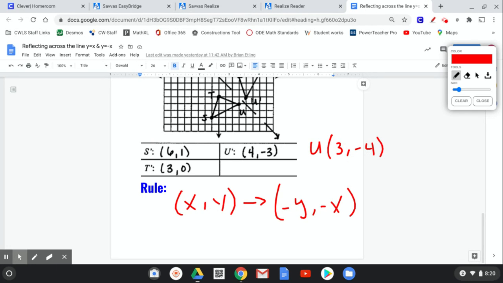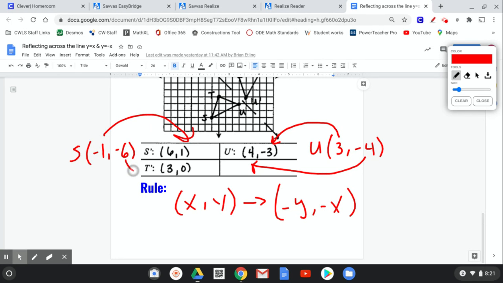And all we did to undergo the transformation is we put that x coordinate in the y spot, change the sign. We put the y coordinate in the x spot and change the sign. Okay, so that's what we're doing there. Same thing with S and S prime. S started out with -1, -6. So put that x coordinate in the y spot, make it positive. Put the y coordinate in the x spot, again, change the sign.